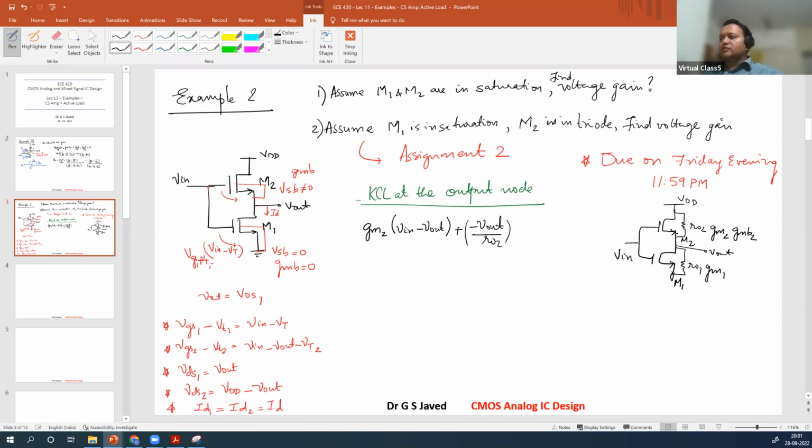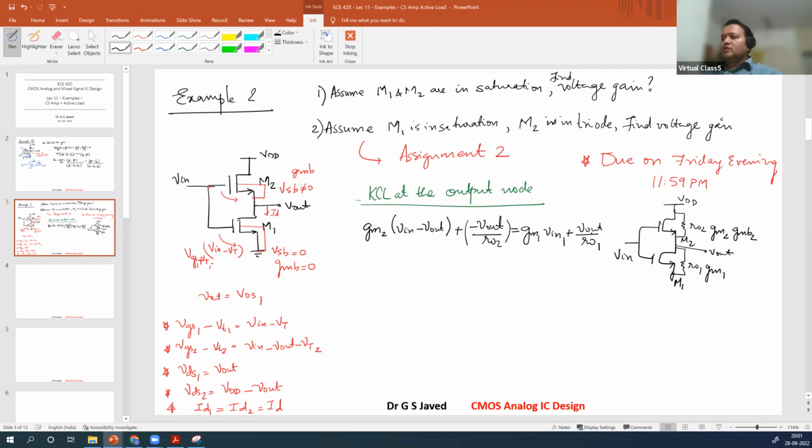That is one direction for GM. Now, what will be the other direction? GM1 V in plus V out by RO1.